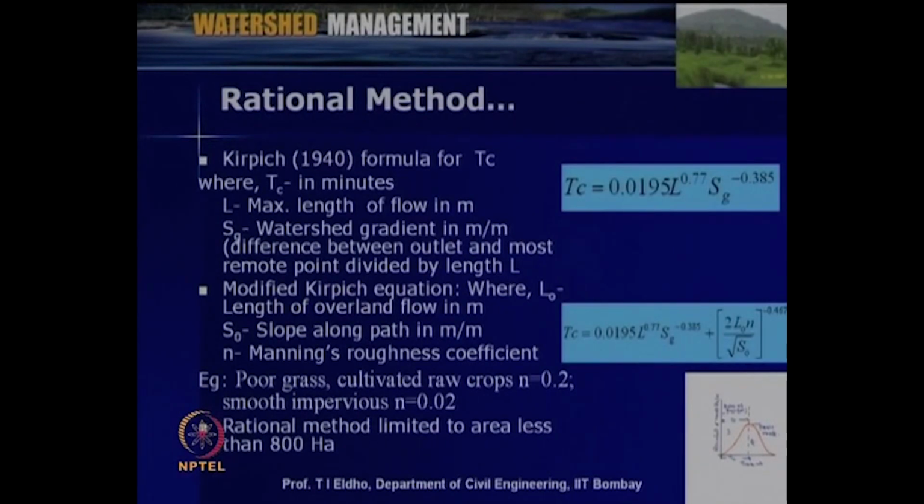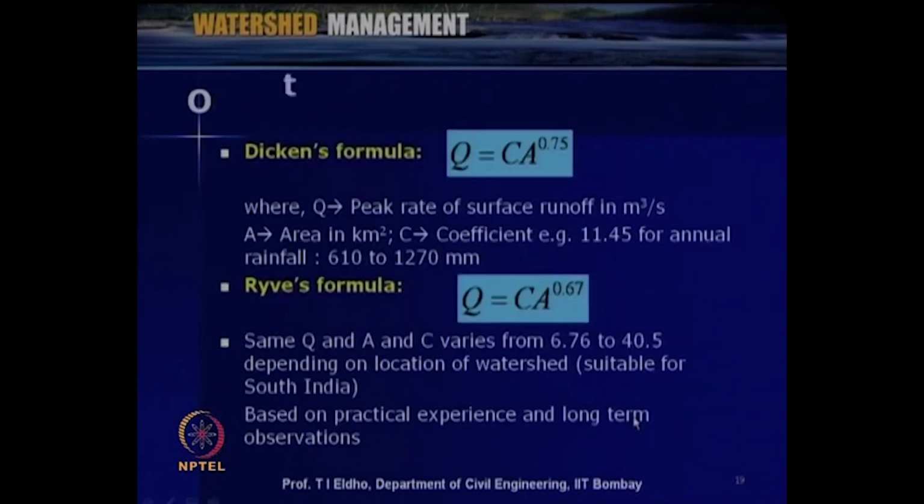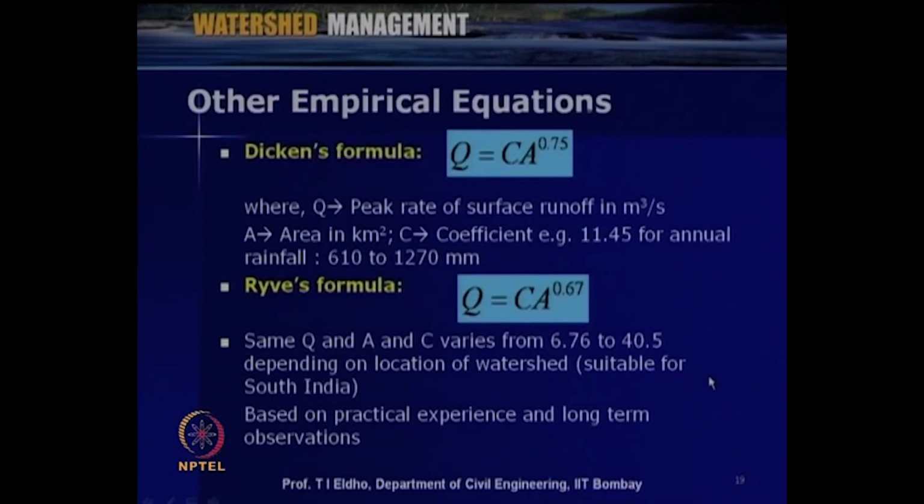Generally, even though the rational method is used for larger areas, it is limited to areas less than 800 hectares, but some practitioners use it for large areas also. Some other empirical equations are available based upon real field observations. Those equations are valid only for particular locations and situations.